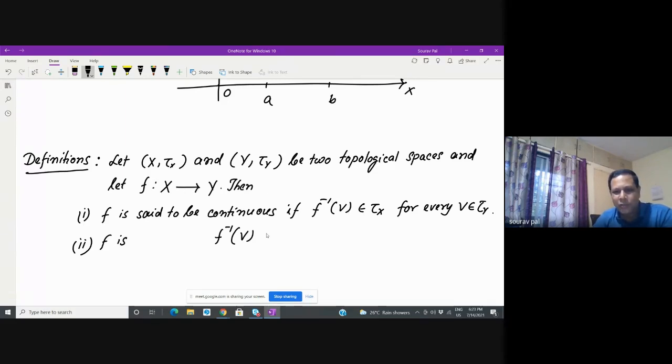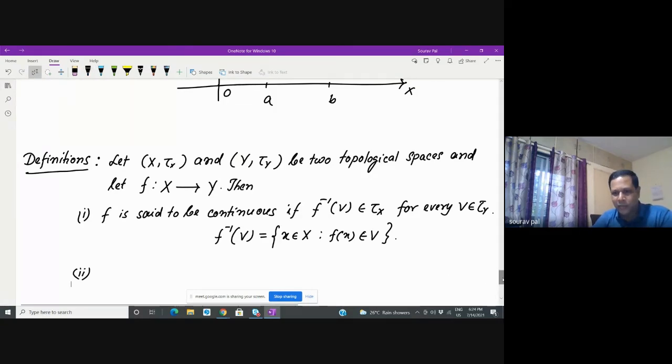This is just a notation. It means all such points x from X such that f of x belongs to V. Now this is what is called continuity on a topological space.